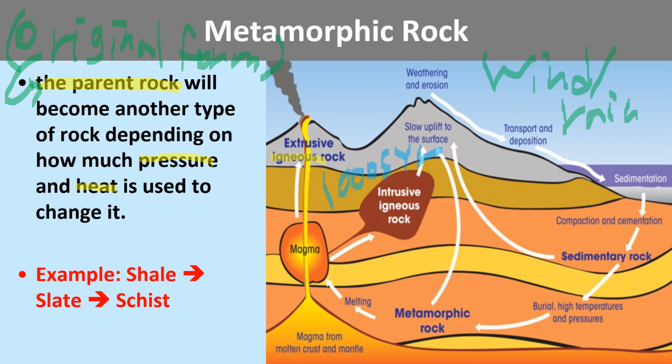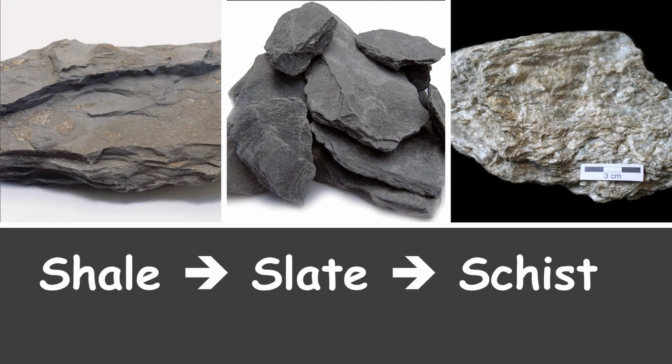An example is shale turning into slate, turning into schist. That's a quick example I can give you. As you can see, it looks similar, but it undergoes quite a lot of changes, especially from slate to schist.